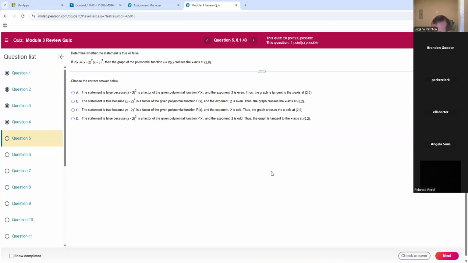So I'm going to write this: P of x equals x minus 2 squared times x plus 5 cubed. Then they're saying we're going to cross at 2, 0.